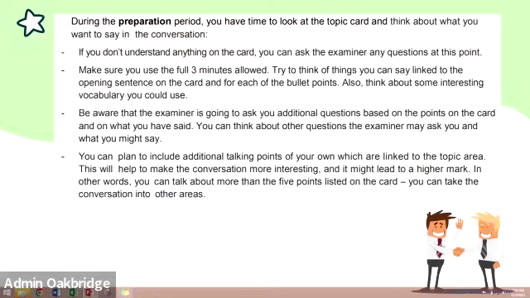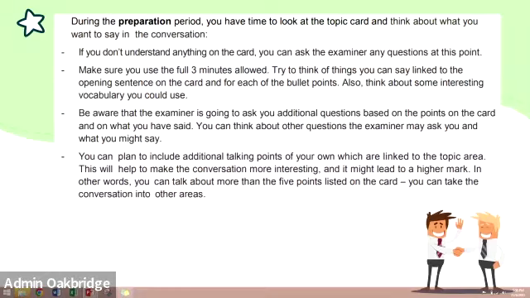You are mentally preparing yourself on what you're going to talk about during the assessed conversation. During this preparation period, you can also plan to include additional talking points of your own which are linked to the topic area. This will help you to make the conversation more interesting, and it might also lead you to a higher mark. So in other words, you can talk more than the 5 points given.